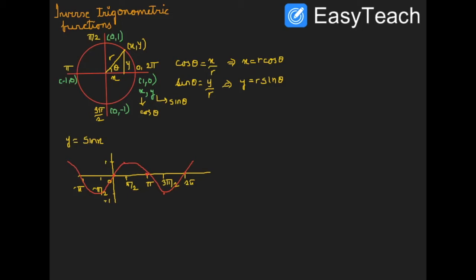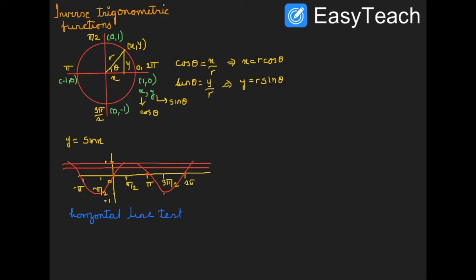And now, for a function to have an inverse, what is the basic requirement? It should be both 1-1 and an onto function. For a 1-1 function, we look into the horizontal line test. A horizontal line should cut the graph only at one place.